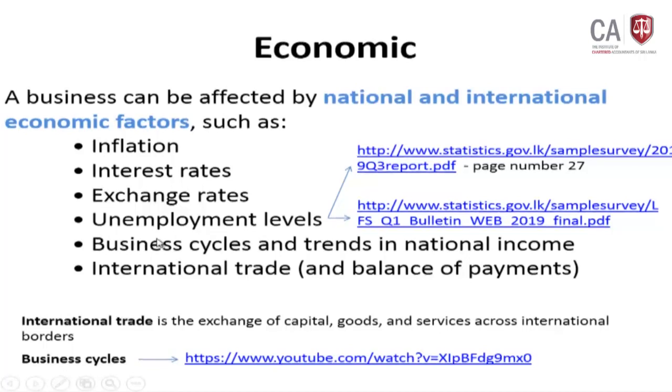Then in the statistical report you can see this example, and there are so many examples in Sri Lanka. They have studied it. So interest rate, inflation, exchange rate, there are so many other categories of information that deal with the economics.